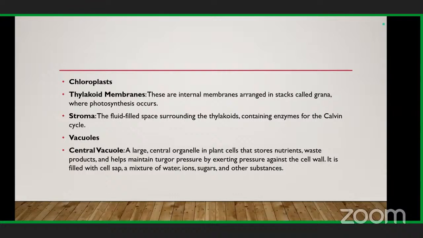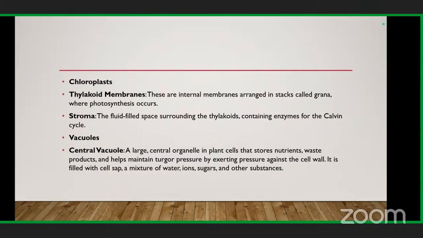Next is the stroma. This is the fluid-filled space surrounding the thylakoids, containing enzymes for the Calvin cycle. So what is grana? Grana is the thylakoid membranes arranged in stacks, one above another. And stroma is the fluid-filled space surrounding the thylakoids.